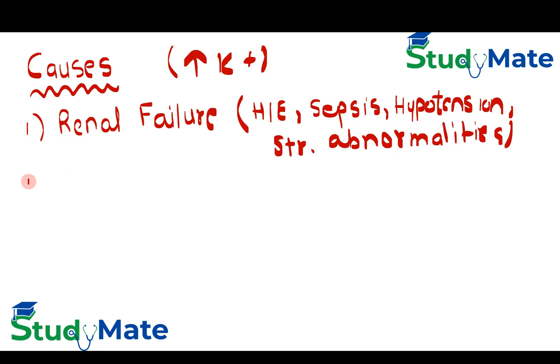Other causes of hyperkalemia can include cell injury. Cell injury basically involves destruction of the cell membrane that leads to increased expulsion or release of the potassium that was initially inside the cells.